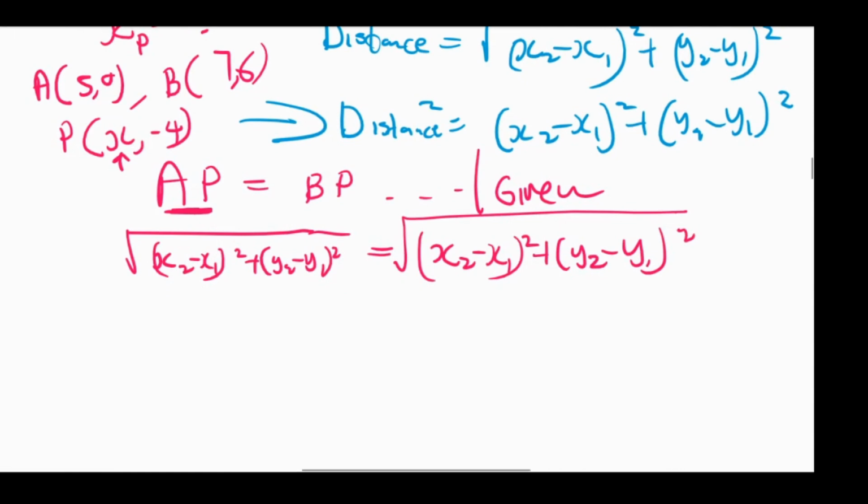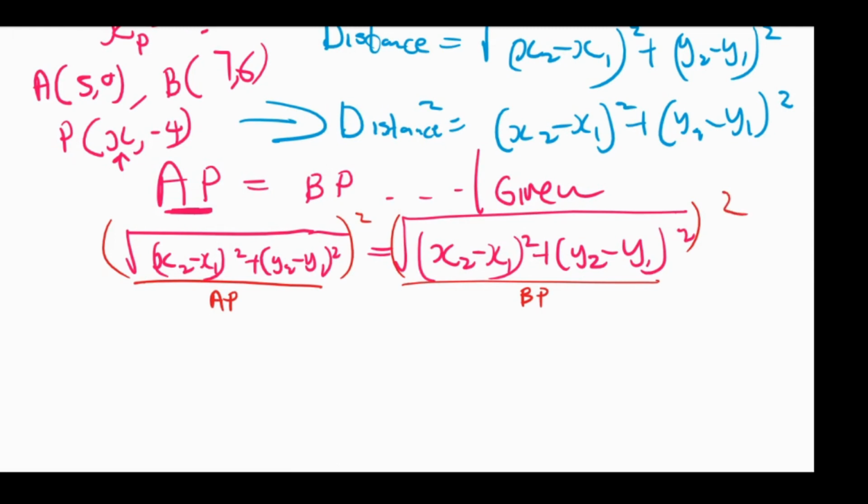So this is the distance of AP, and this is the distance of BP, right? So we're just going to remove the square root. To remove the square roots, we're going to square both sides, so they'll disappear.